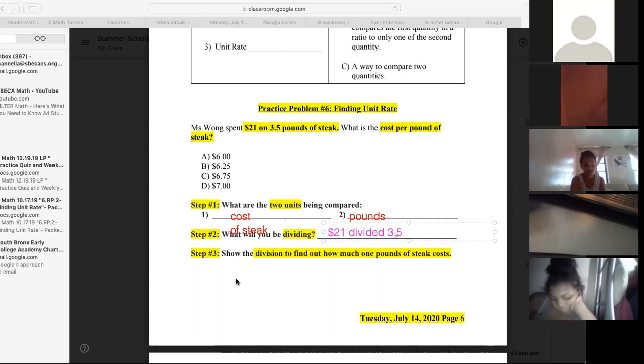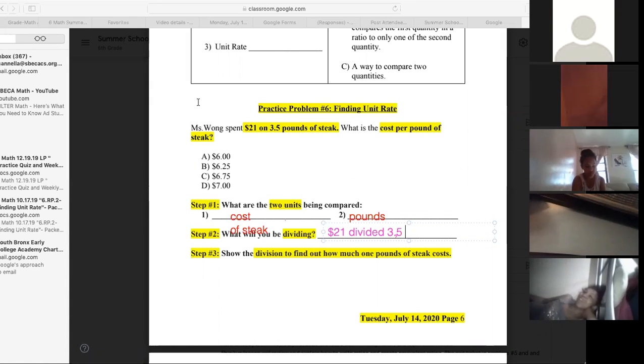Use la calculadora para la respuesta. 21 dividido entre 3.5.